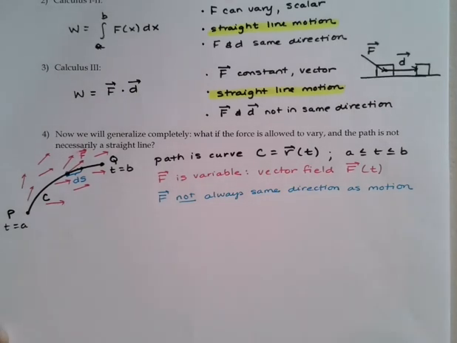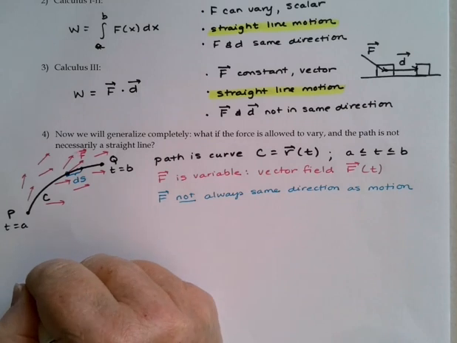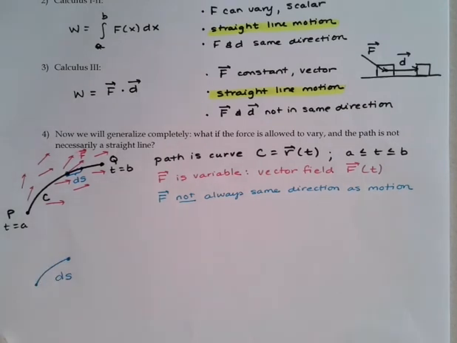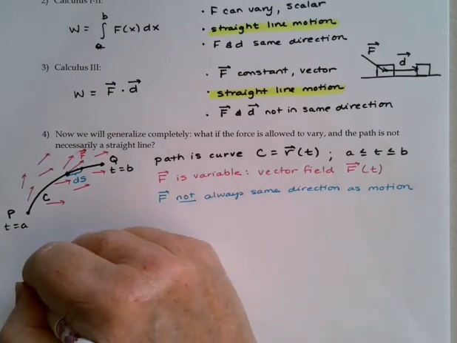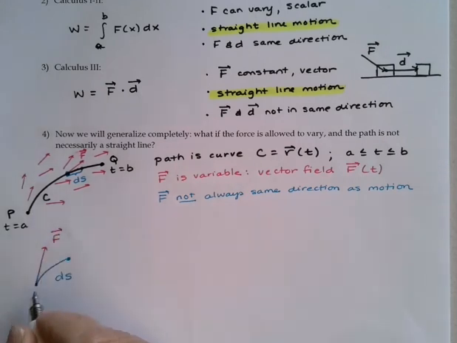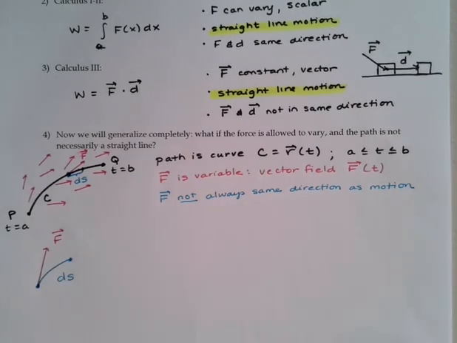So let's say I've got my little piece of curve ds, and my vector F here that acts right at that endpoint, and we'll assume that that vector is valid for that whole little piece of the curve.